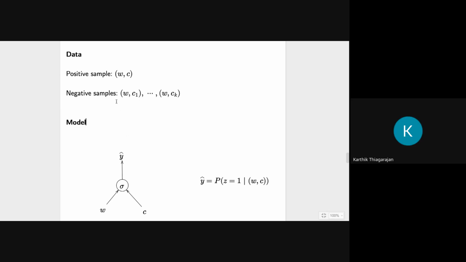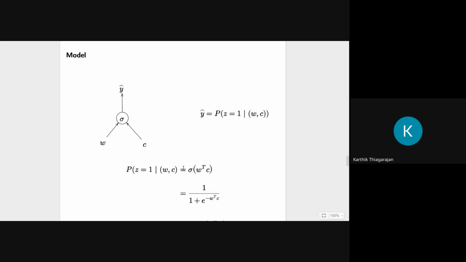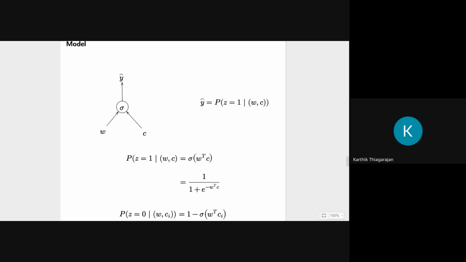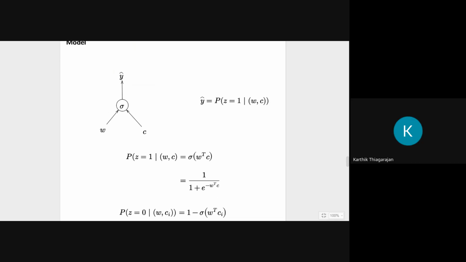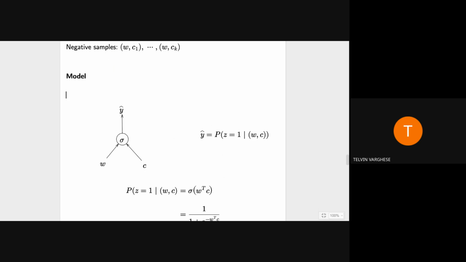Here also the W will come from the matrix for word embeddings, and the context C will come from the matrix for context embeddings. So total number of parameters equals 2 into V into D, right? Or do we have to consider the N also? What is N? N is the number of words in the context.